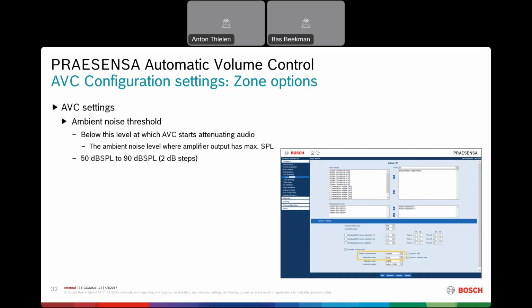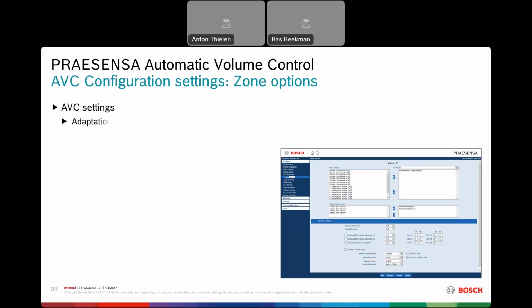That's something which you can set between 50 and 90 dB from where the output is going to be attenuated. Starting from that ambient noise level, it's going to be attenuated to a lower volume in that case. And then you have the range from 4 until 18 dB in 1 dB steps.